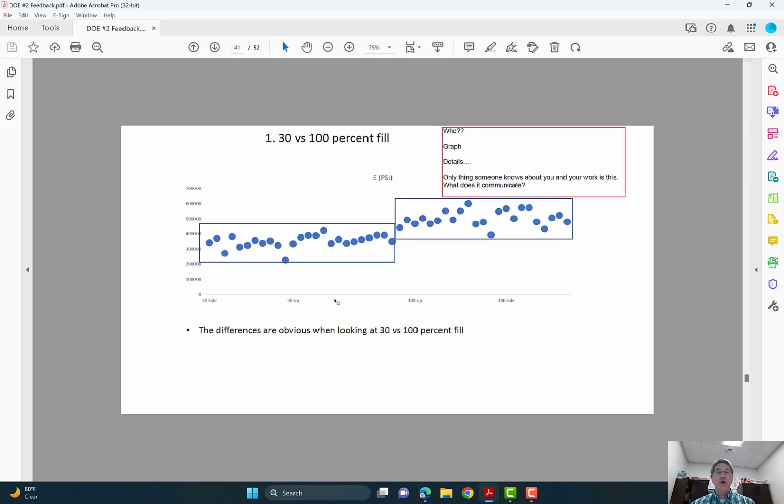Okay, this was another who. I mean, obviously the graph, and I guess the thing I want to point out to you guys, you have to learn sooner than later, is that all of the little bitty details matter. The only thing someone is going to know about you and the kind of work you do is what they see in this presentation. And so you have to ask yourself something like this: what does it communicate? What does it communicate about me?